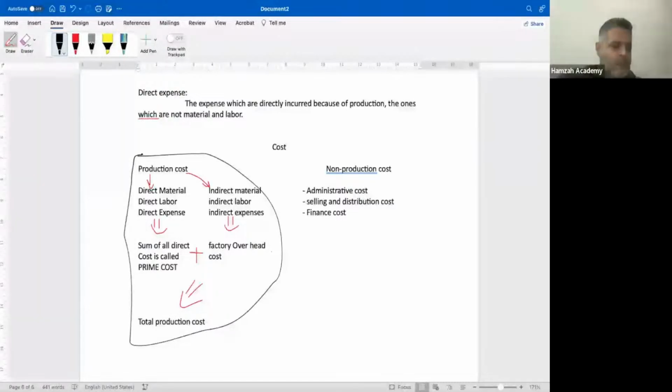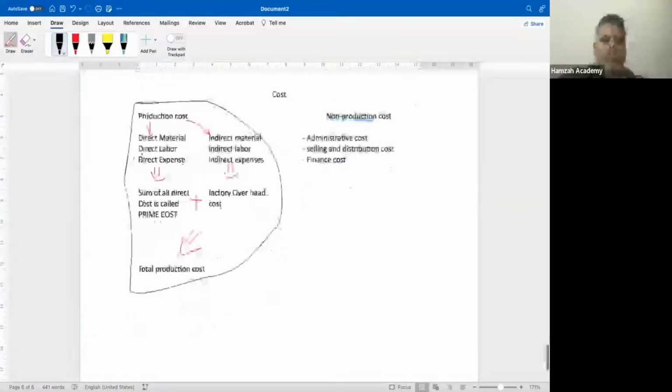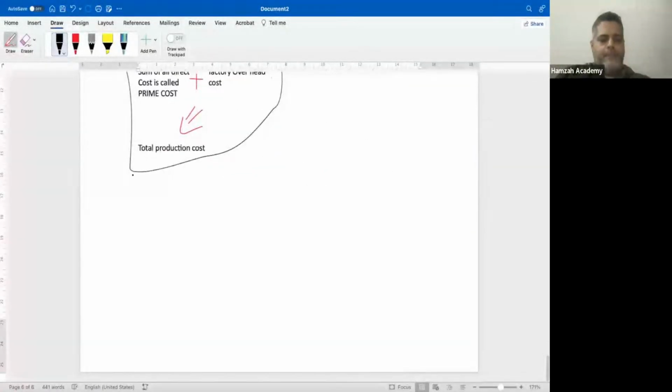Done? Okay, now we are going to move ahead and we are going to talk about classification of cost according to organization structure. One, we have cost center.